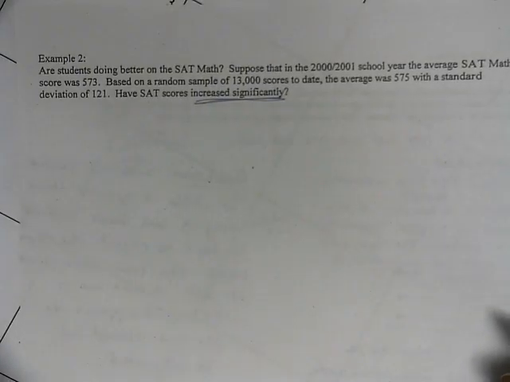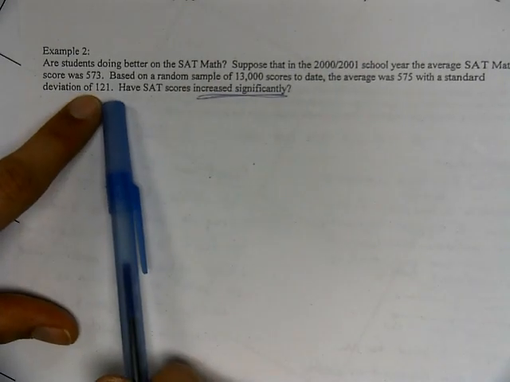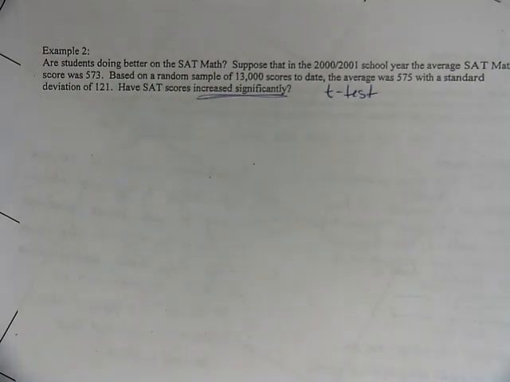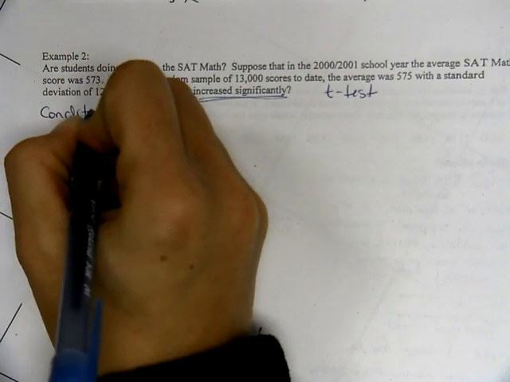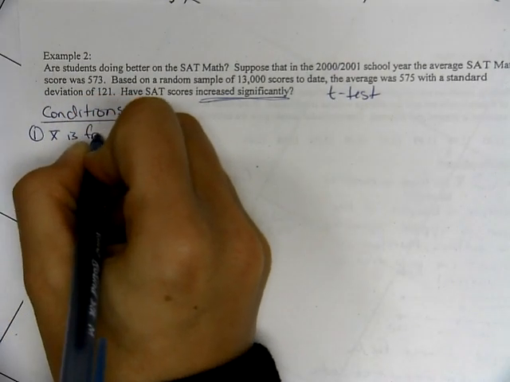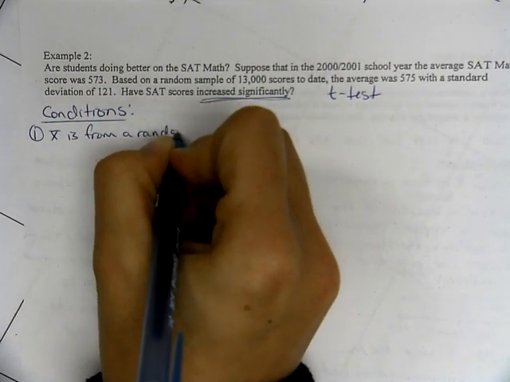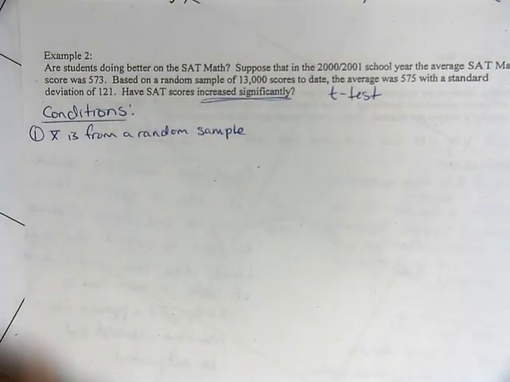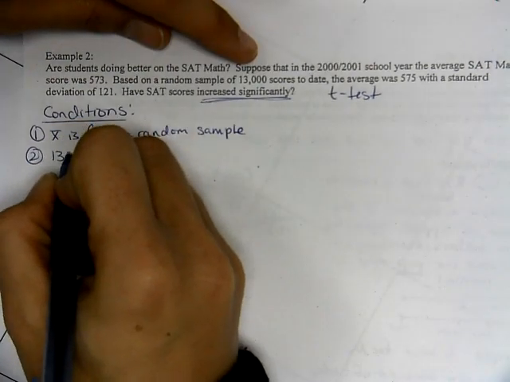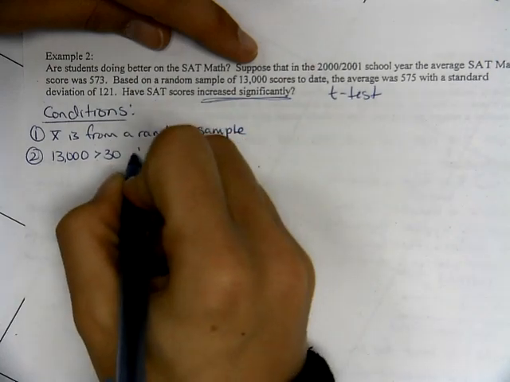So again, first thing you want to figure out, especially with means, is it a T or a Z? Do you think the standard deviation is for the population or for the sample? The sample. So again, this is a t-test. More often than not, you're going to have a t-test. So your conditions: X bar is from a random sample. This one's nice. 13,000 is greater than 30.